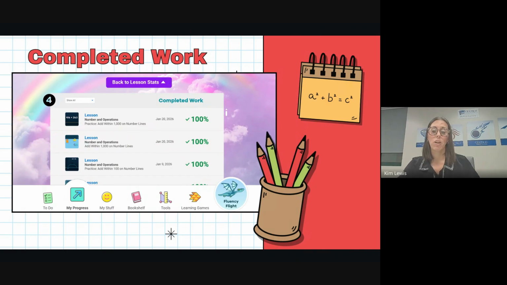But the more work that they do on their My Path, if they're passing those lessons, that's just going to help that carry over onto their future diagnostic assessments.